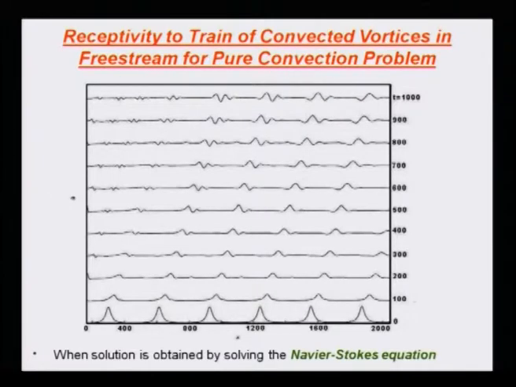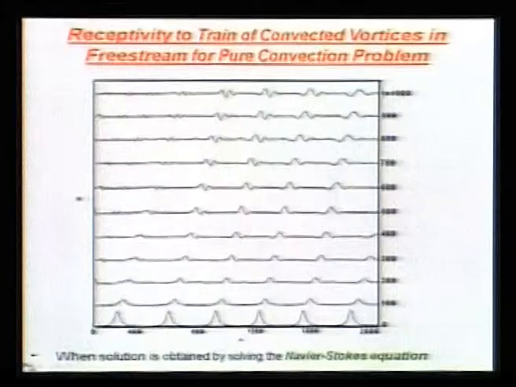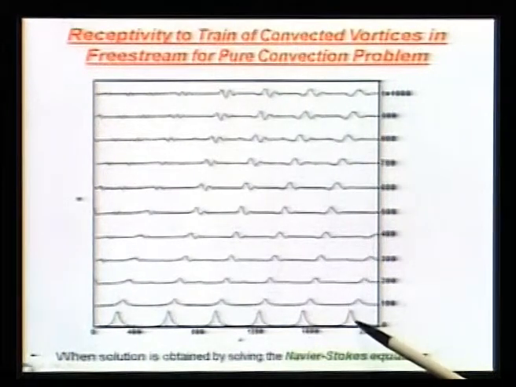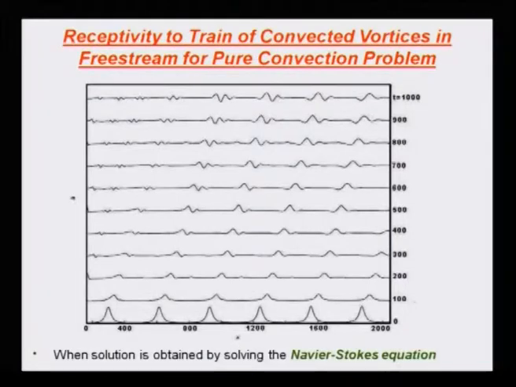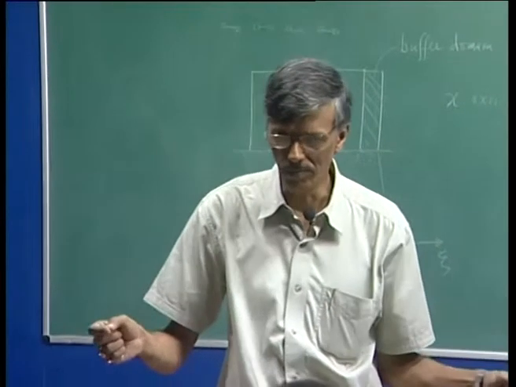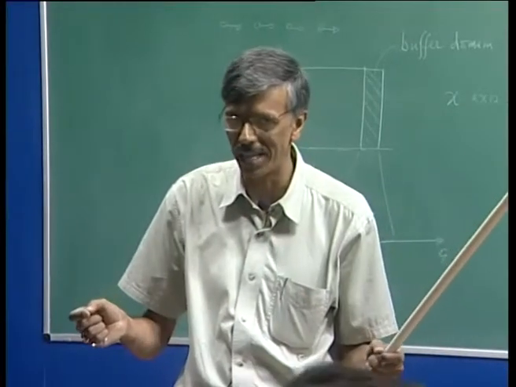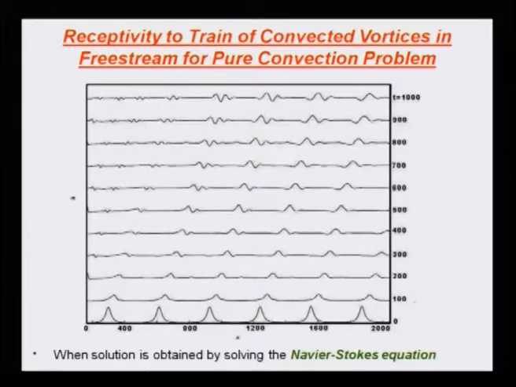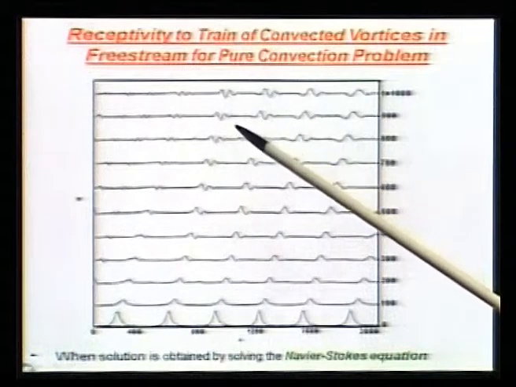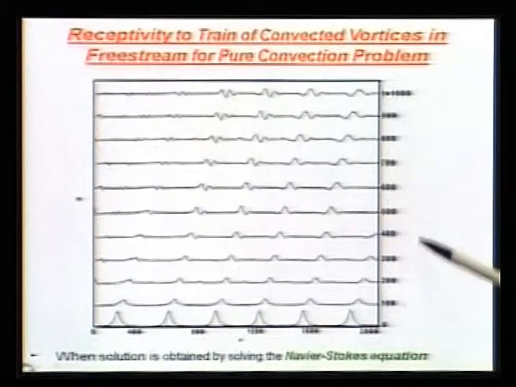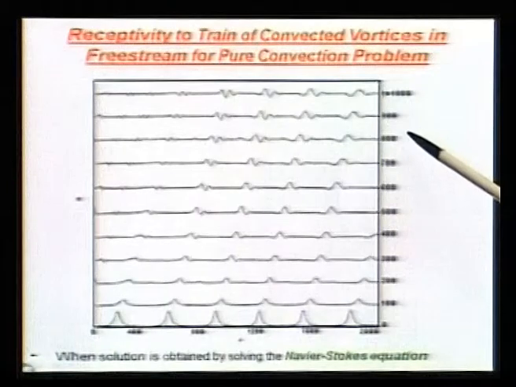One more thing you notice: if you look at the scenario at t equal to 0, that corresponded to a particular wave number, because the disturbances were like that. But if you look at the corresponding response field, it is getting richer and richer as you go to larger and larger time.